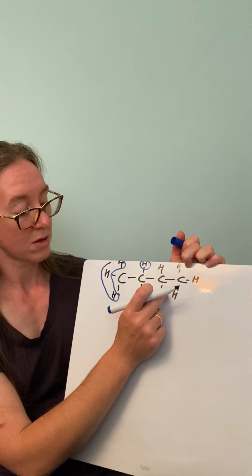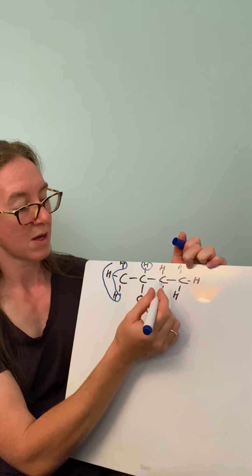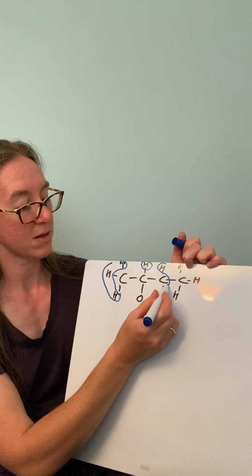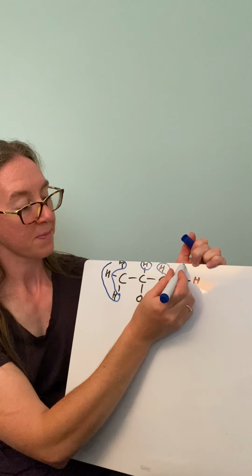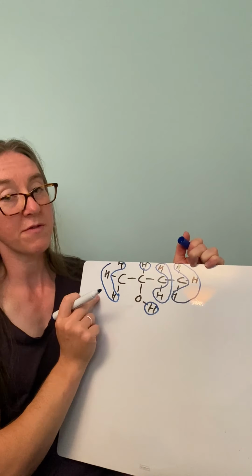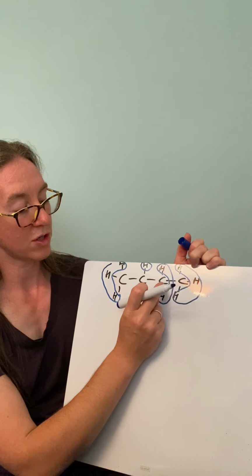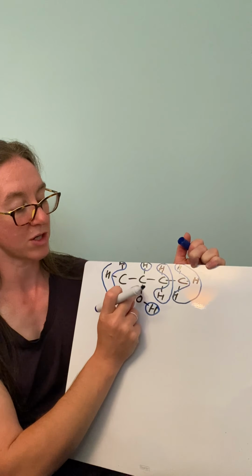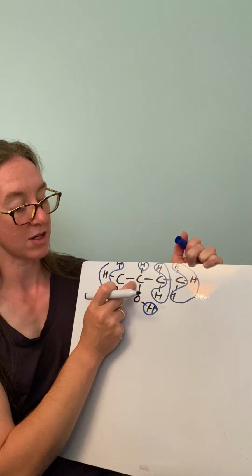These two are different from all the rest because of what's around them, but they are the same as each other, so that's another environment. And these three are the same as each other, and they're different from these three because this CH3 is next to a CH2, which then goes on to a CHOH, whereas this CH3 is directly next to a CHOH.